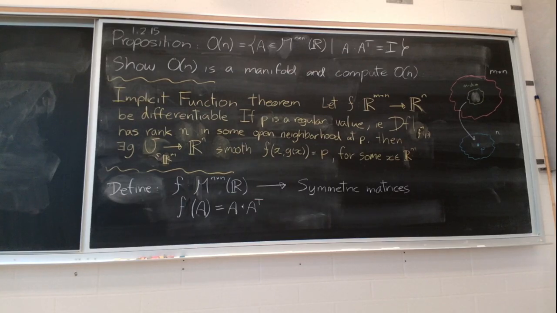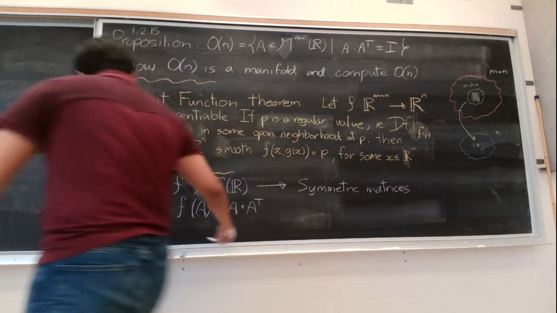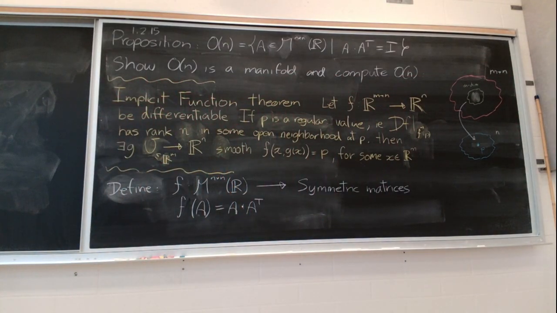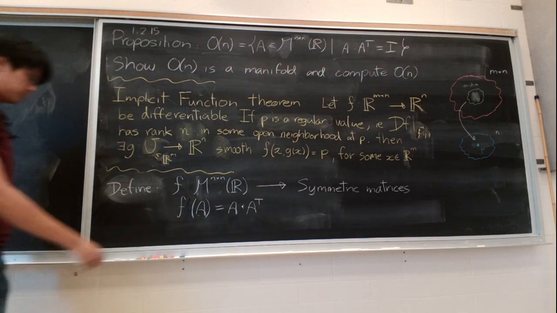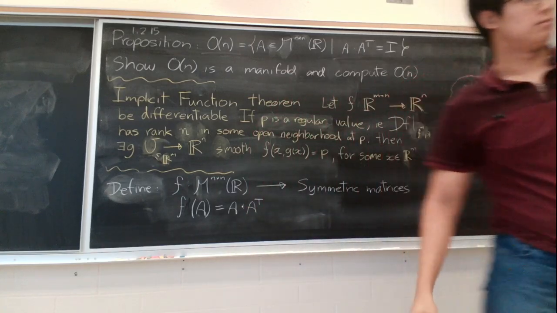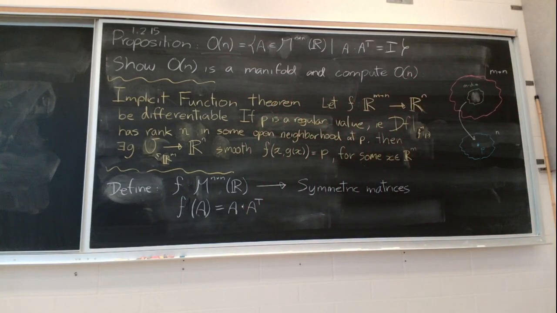We have not yet shown, but we will show, that this condition on the derivative is satisfied, meaning that the pre-image of the identity, F inverse of identity, which is precisely O(n), can be locally parameterized using (n−1)n/2 numbers.